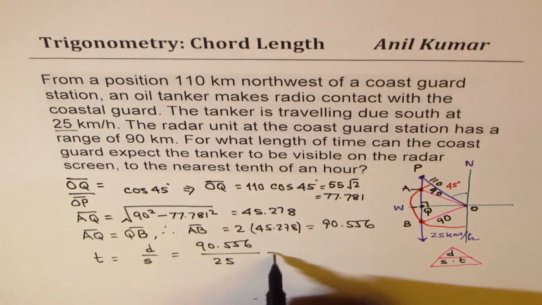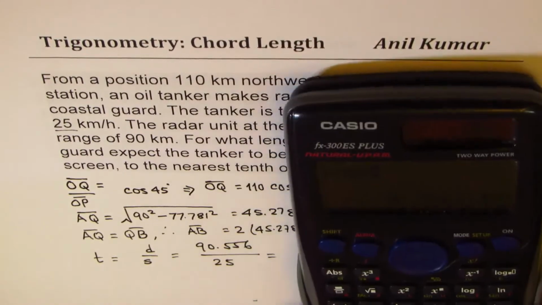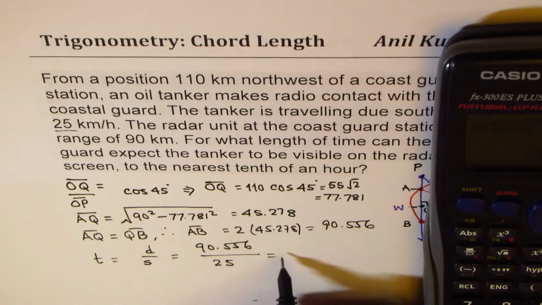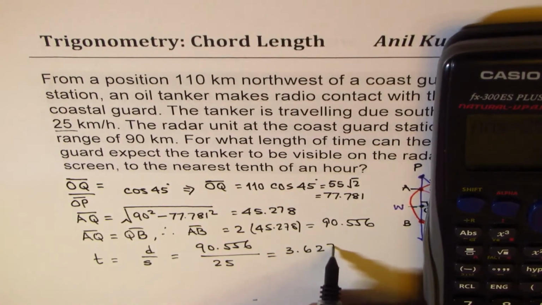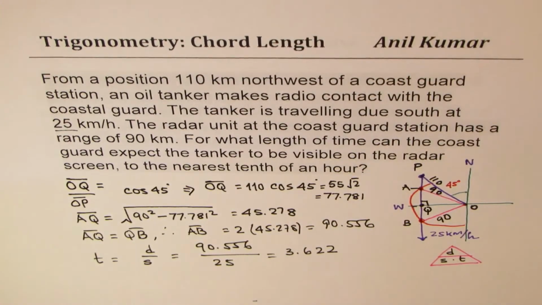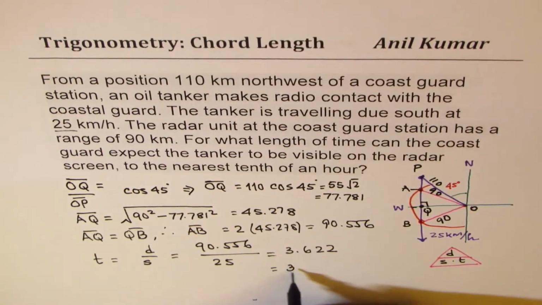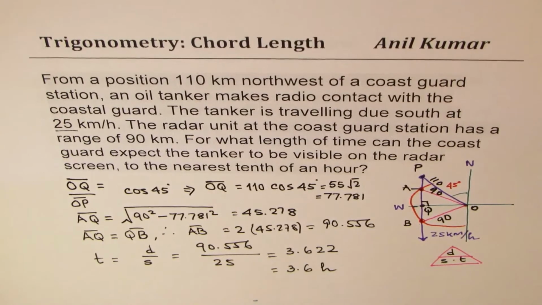So we'll divide this by 25. We get 3.622. We want to write the answer to the nearest tenth of an hour, so that gives us 3.6 hours. Does it make sense to you?